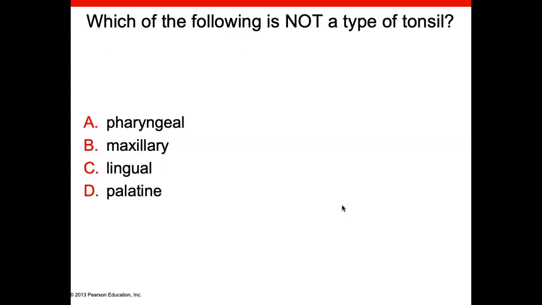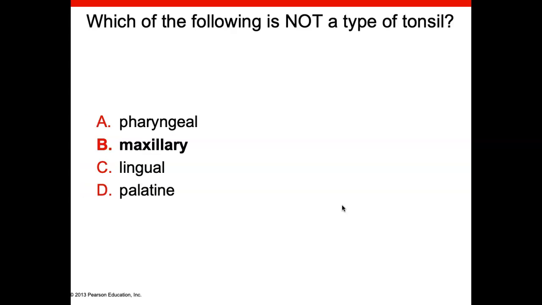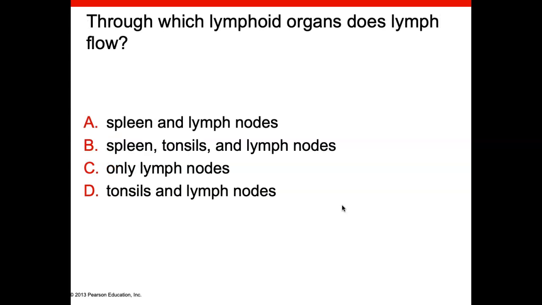Which of the following is not a type of tonsil? Maxillary. Through which lymphoid organs does lymph flow? Only lymph nodes.